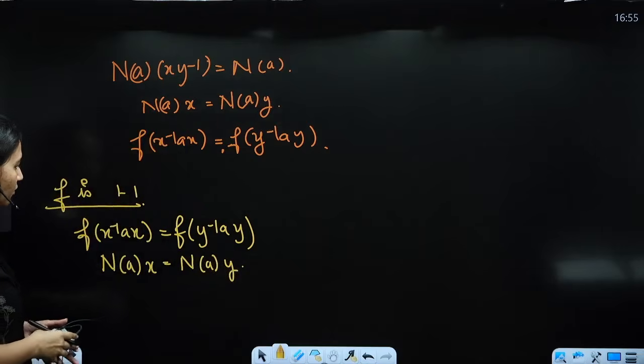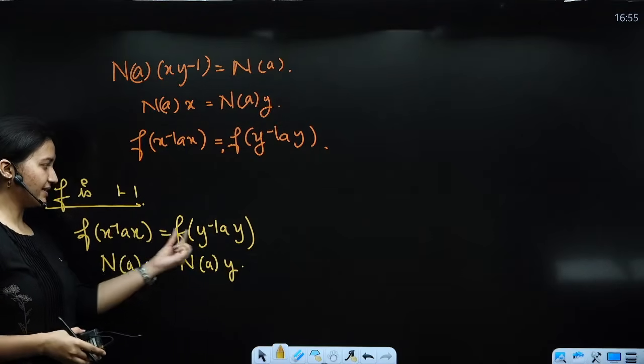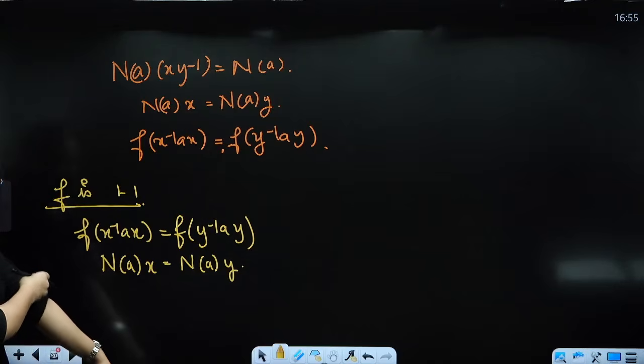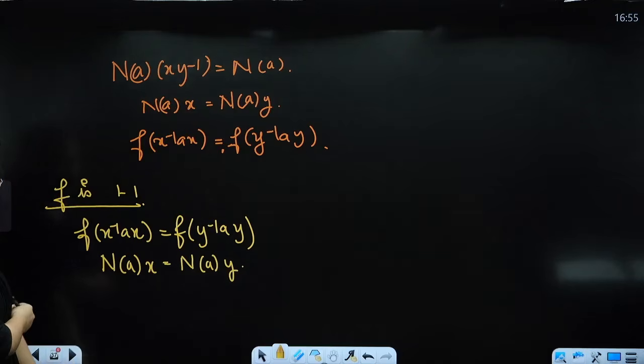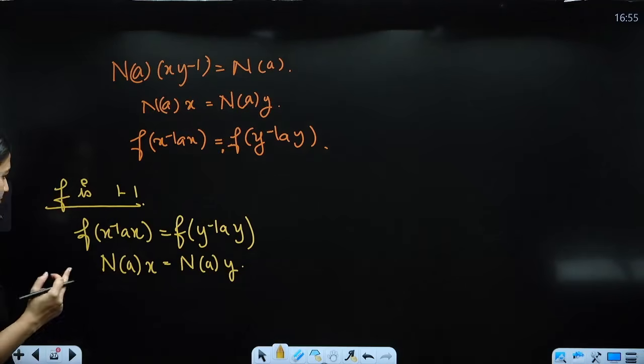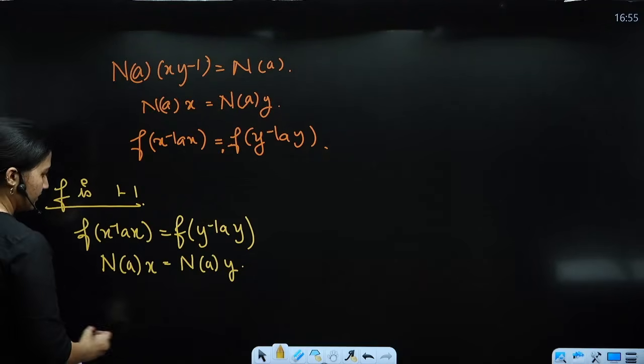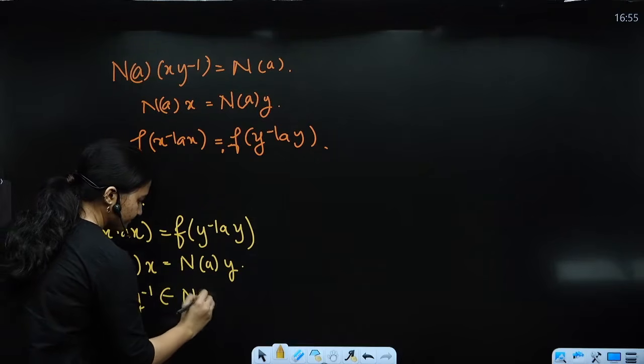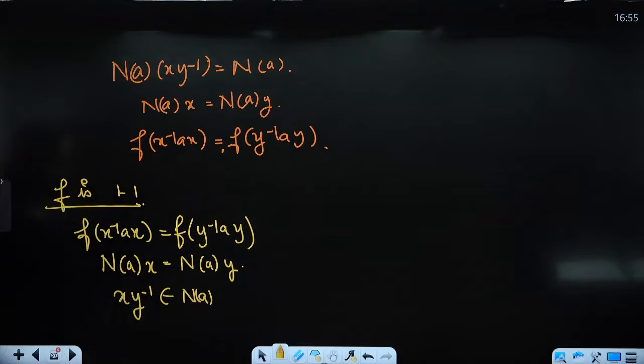Now from here I want to go till x inverse a x and y inverse a y, right? So what we can do is, if Nax is equal to Nay, what I can write is that xy inverse belongs to Na, right? Why?